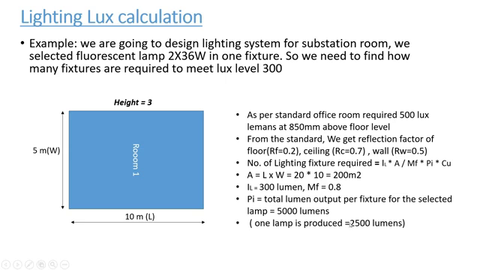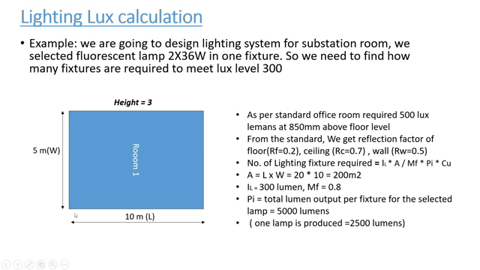Now I have to use the number of lighting fixtures formula. It is equal to IL into A divided by MF into PI into CU. IL, I already told, is the lux level requirement for the substation, 300, and A means the area of that room. See this picture, this is the substation room.